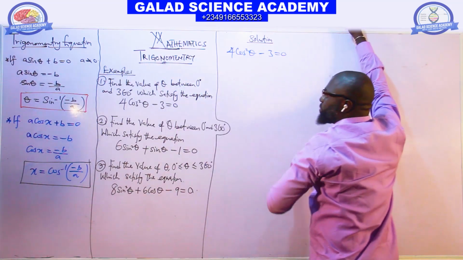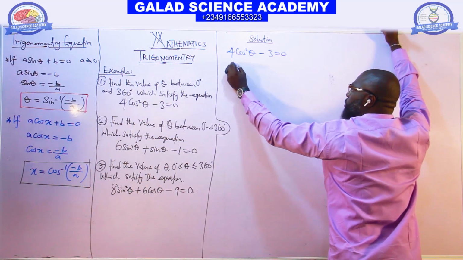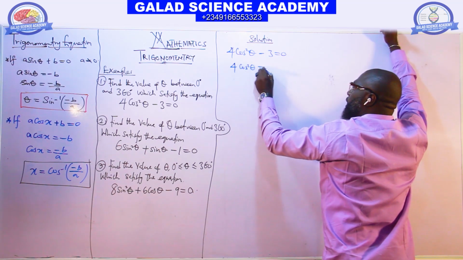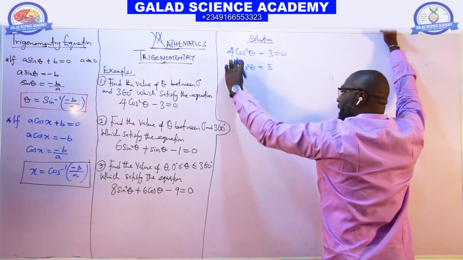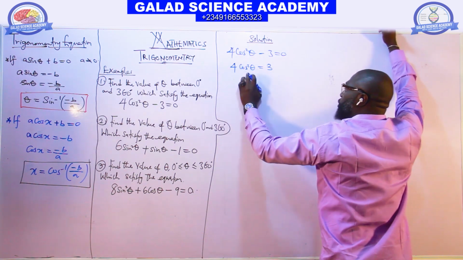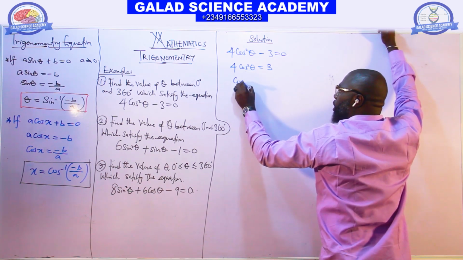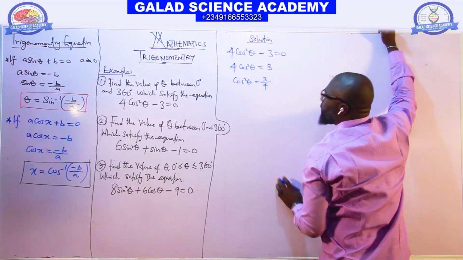Follow the same format here. 4 cos square theta equal to 3. Divide both sides by the coefficient of cos square. Here you have cos square theta equal to 3 over 4.